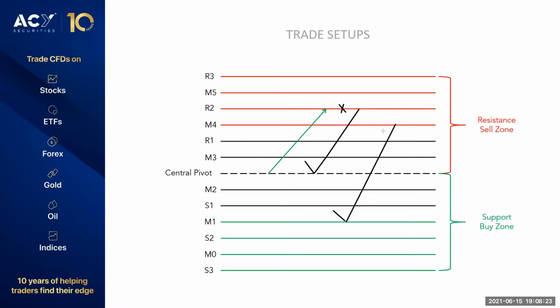Okay, so I don't want to be executing my buy trade setups too high up into the resistance sell zone. At the central pivot point, great, or even underneath the central pivot point when I'm looking at an uptrend, I'm looking for a buy trade. Okay, let me just clear all that off.